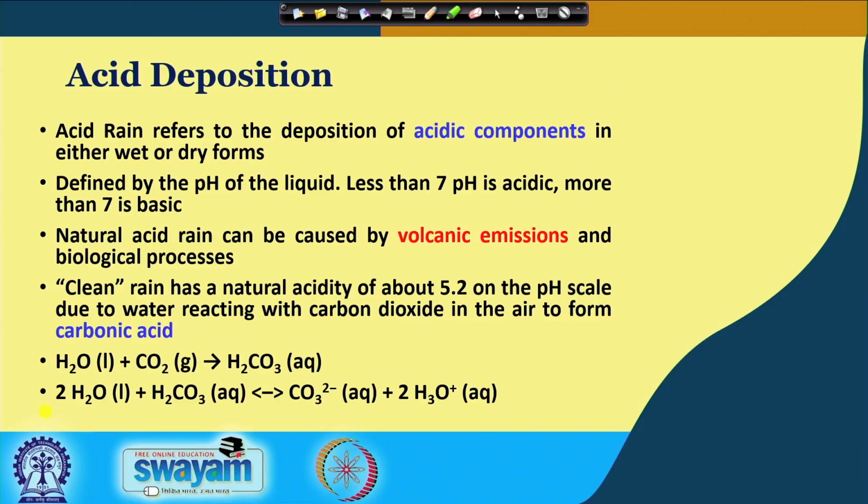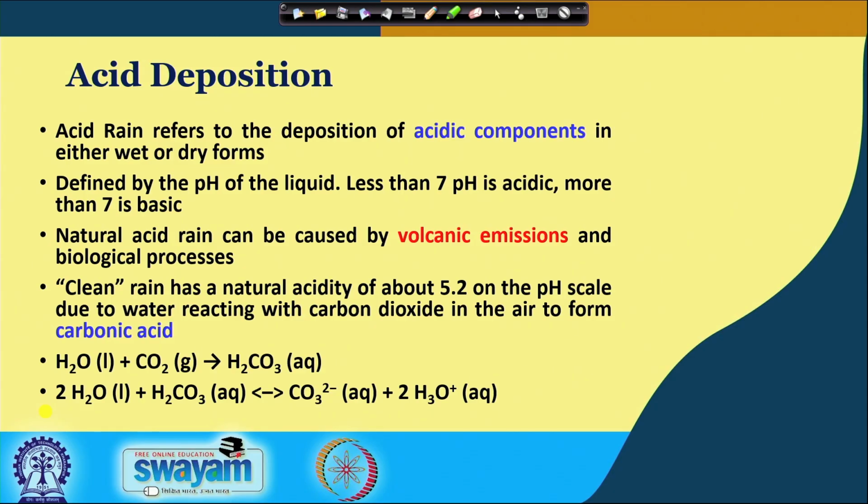In our last lecture we were talking about acid deposition, and you know that acid rain refers to the deposition of different types of acidic components in either wet or dry forms. It is defined by the pH of the liquid, because a pH less than 7 is always acidic, whereas a pH greater than 7 is known as basic. Remember that natural acid rain can be caused by volcanic emissions as well as different types of biological processes.